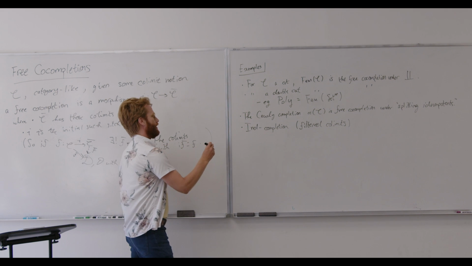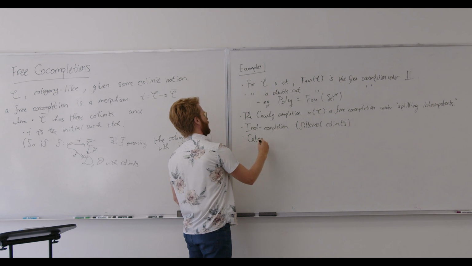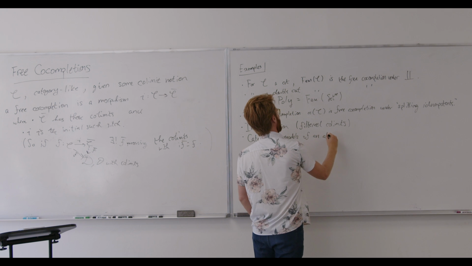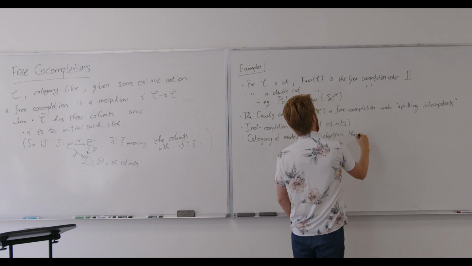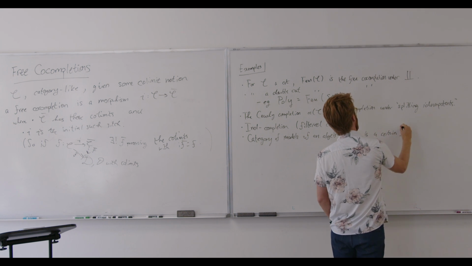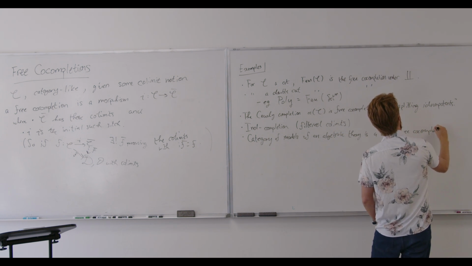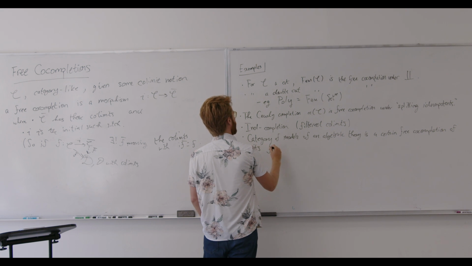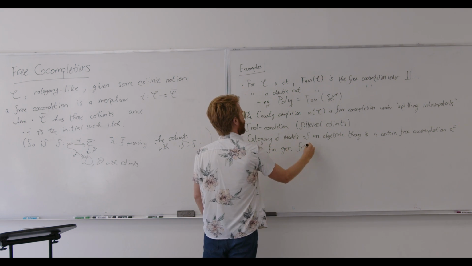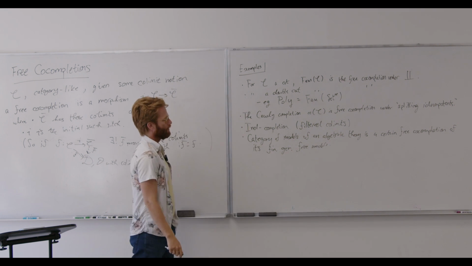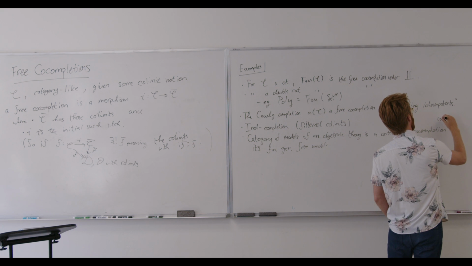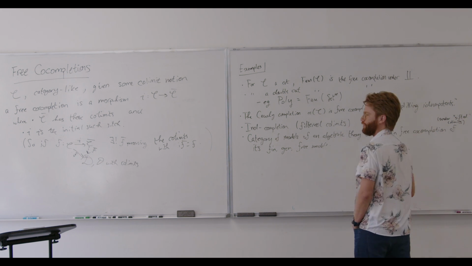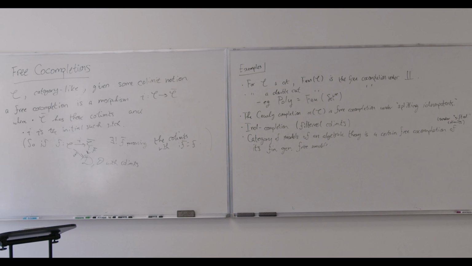And relatedly, saying almost the same thing, and maybe this will be a little bit more concrete, the category of models of an algebraic theory is a certain free cocompletion of its category of finitely generated free models, under sifted colimits, if you like, which I don't, and which it would probably be off the trail to define, but maybe you've heard that word. Sifted is a little bit bigger than filtered.